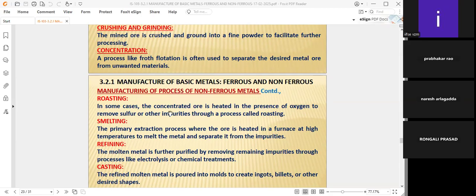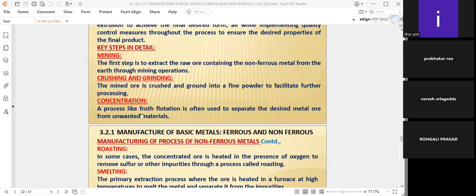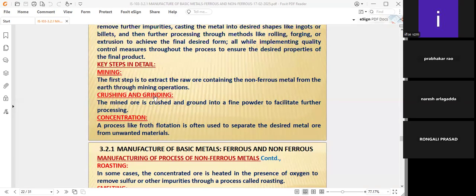Sir, please explain concentration again. Yes, sir. The concentration means once the ground powder is there, having the non-ferrous materials, having the impurities, the impurities are still not removed. Our aim is to remove the impurities and make the concentration of the ore.